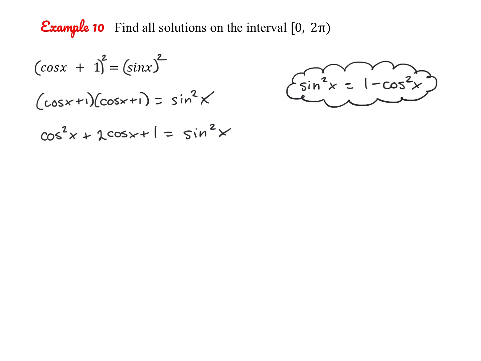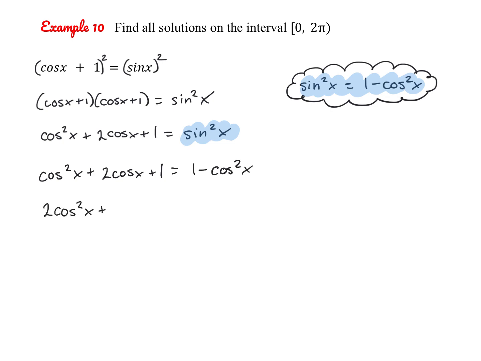So that's a form of our Pythagorean identity. So I'm going to substitute this here. So we have cosine squared of x plus 2 cosine of x plus 1 equals 1 minus cosine squared of x. Let's move everything to the same side. So 2 cosine squared of x plus 2 cosine of x equals 0.